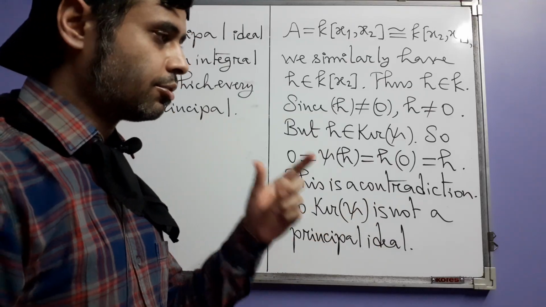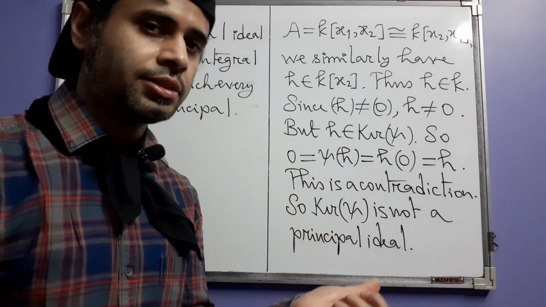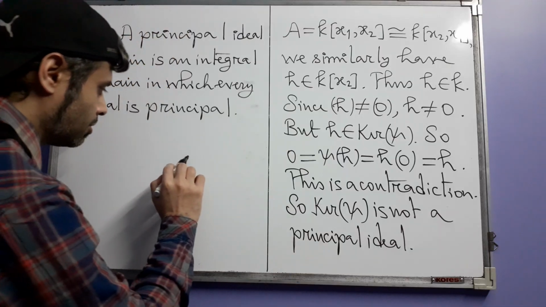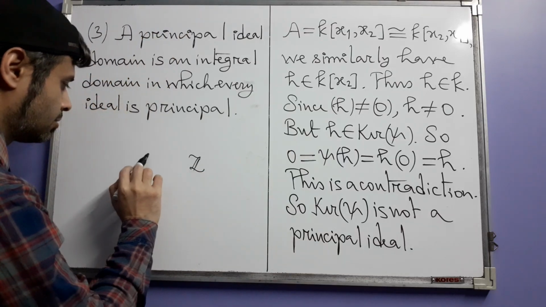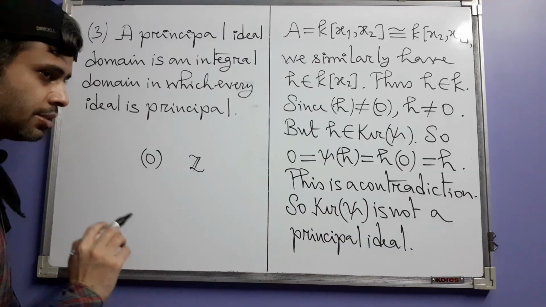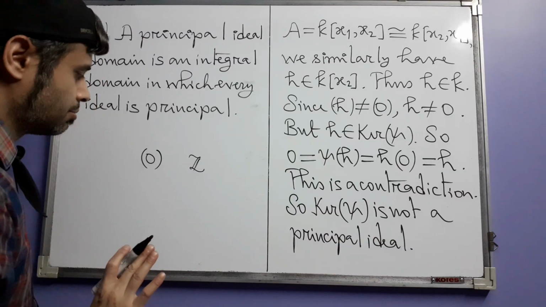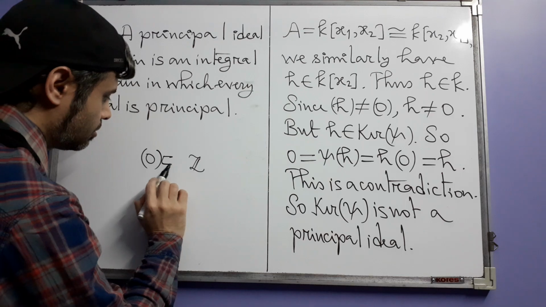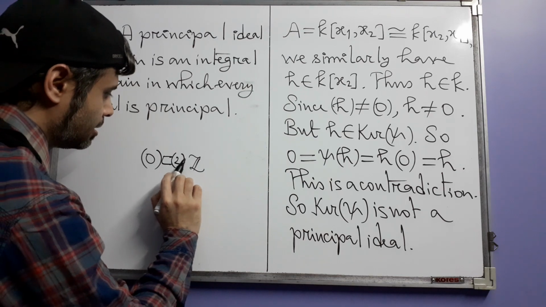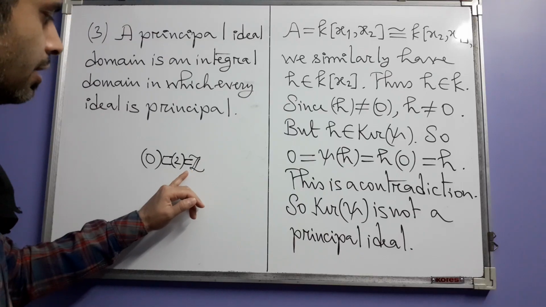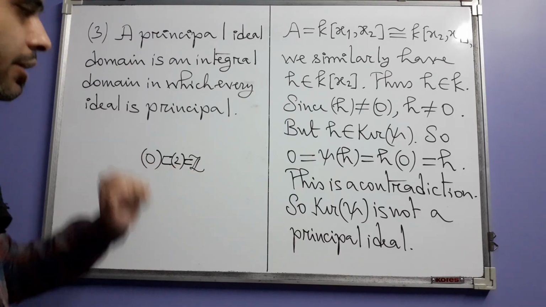Now we have already seen that although every maximal ideal is prime, the converse is not necessarily true. For example, in the ring of integers, the 0 ideal is prime, but it's not maximal. The principal ideal generated by the integer 2, for example, is a proper ideal of the ring of integers which properly contains this ideal.